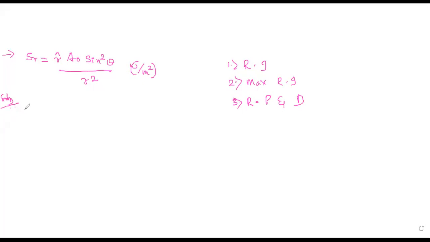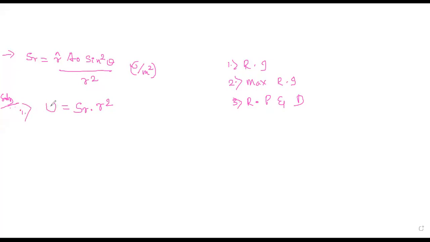What is the notation for radiation intensity? U. So from the power theorem, you have derived an equation, that is U is related to the radial component as SR into R square. That is from the application of power theorem, you will get this equation. So you are going to find out the first term, that is radiation intensity.